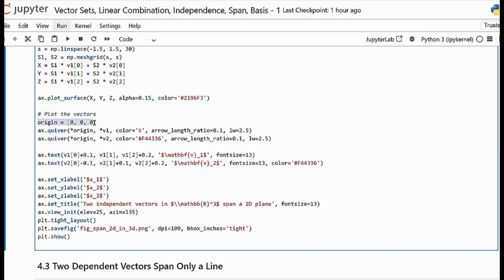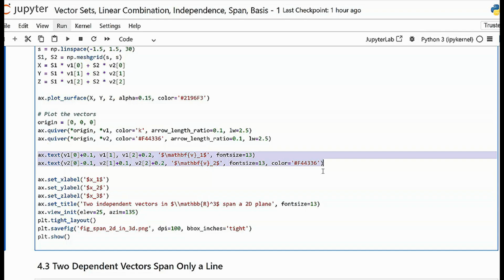So plotting the basis vectors from the origin: the vector v1 from the origin, the vector v2 from the origin, and here we are going to add the labels for both v1 and v2.